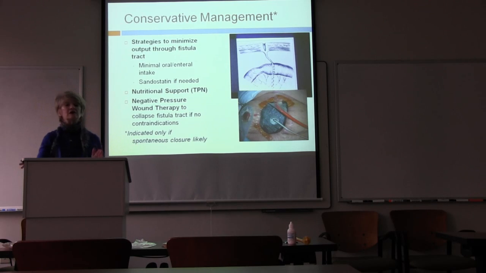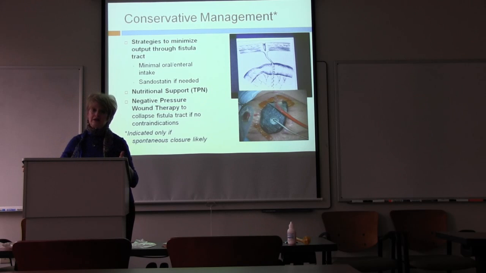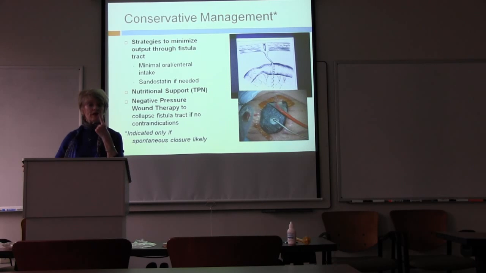Same thing. So how do we minimize the output through the fistula tract? First of all, we minimize what that patient is taking in either orally or through tube feedings, so orally or enterally. Now, as many of you know, for a long time, we just made patients NPO. We stopped output or tried to stop output through the fistula tract.